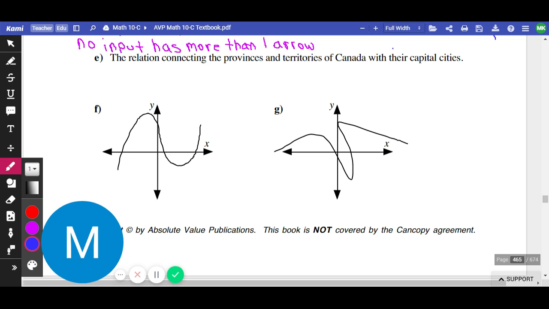If I give you Alberta, would you ever have 2 outputs? Probably not. Would I ever say, here's a capital city, and it's got 2 input values? No, it's never going to happen. Those things are always just 1 for 1. Input, Alberta, output, Edmonton.